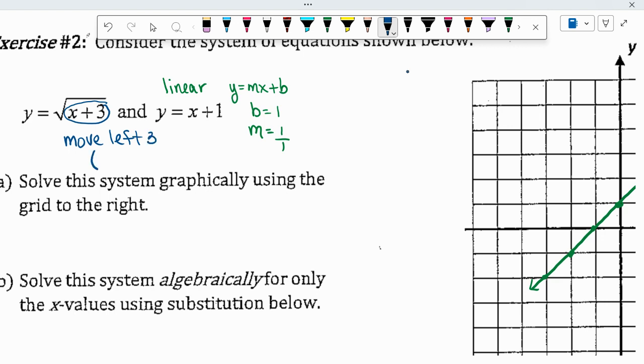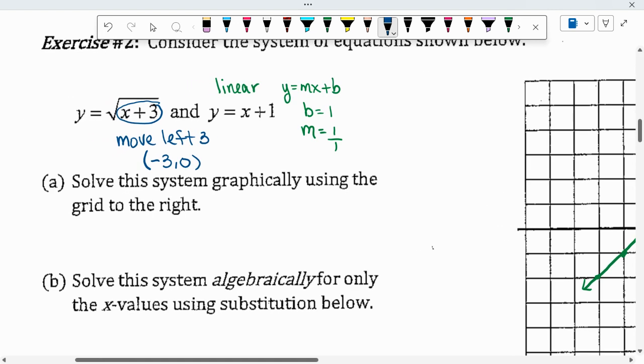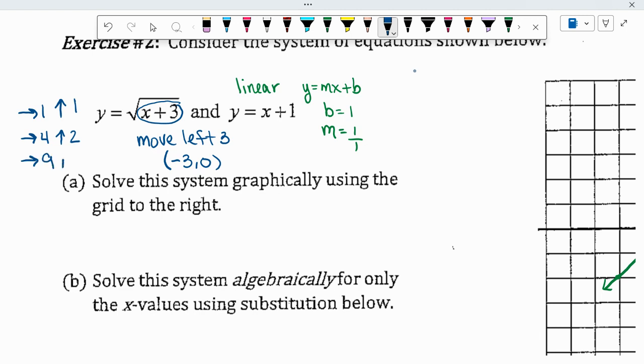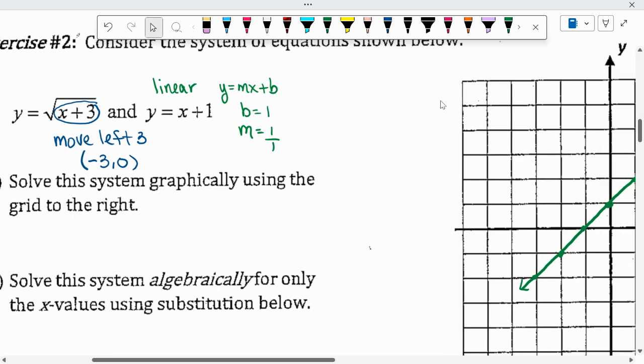That means my starting point is now going to be negative 3, comma 0. I want you to remember the pattern for a square root function. If I go 1 unit to the right from the starting point, I'm going to go up 1. If I go 4 units to the right, the square root of 4 is up 2. If I go 9 units to the right, the square root of 9 is up 3. So let's graph this and use our pattern.